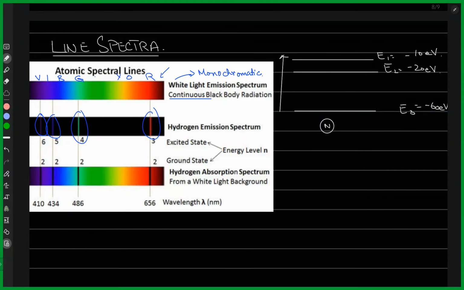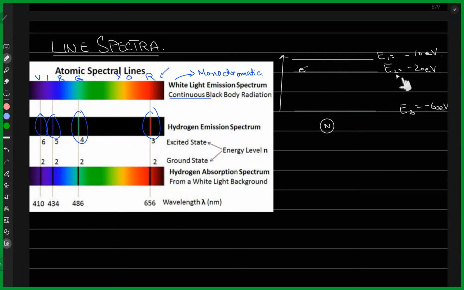Now on these energy levels, we have particles, electrons. Suppose I have an electron sitting at this E2.